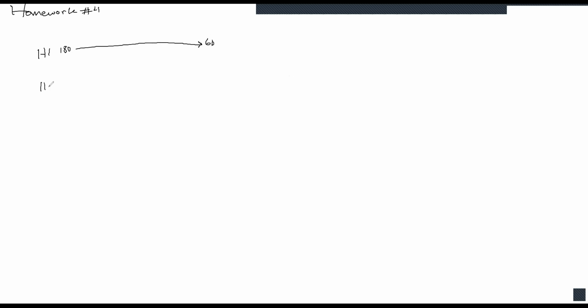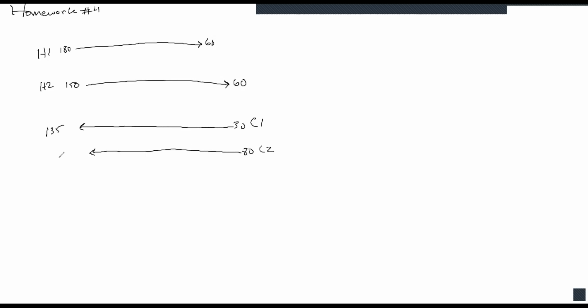Then we have H2, which goes from 150 to 60. And then we also have C1, which goes from 30 to 135. And C2, which goes from 80 all the way to 140, right? And step 1 will always be to sketch them out like this.